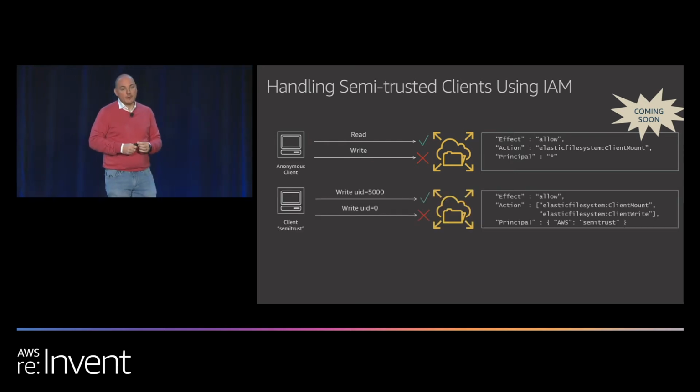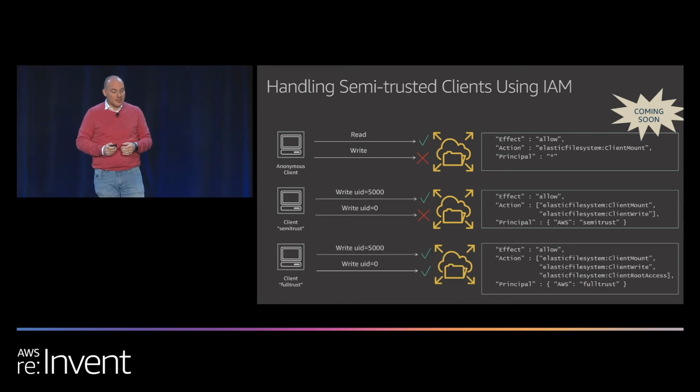This is an example of giving write access to a principal. In this case, there's a role called semi-trust. As you can see, it has two permissions, client mount and client write, which allows you to get read-write access to the file system. In this case, the root user is not able to write to the file system because, as we'll show in the last example, there's a third permission called client root access.